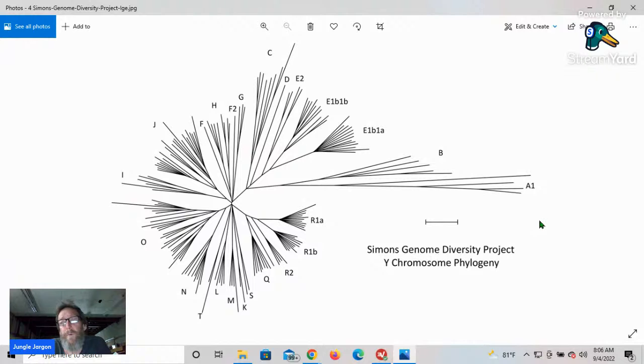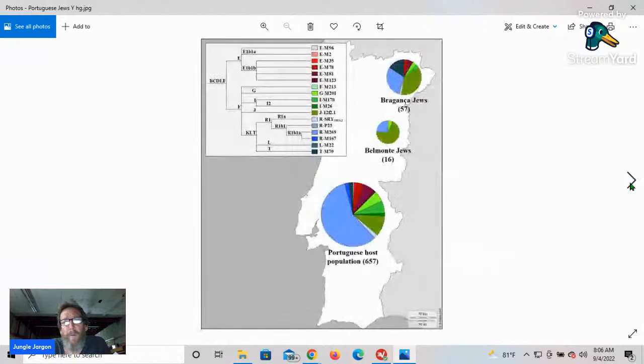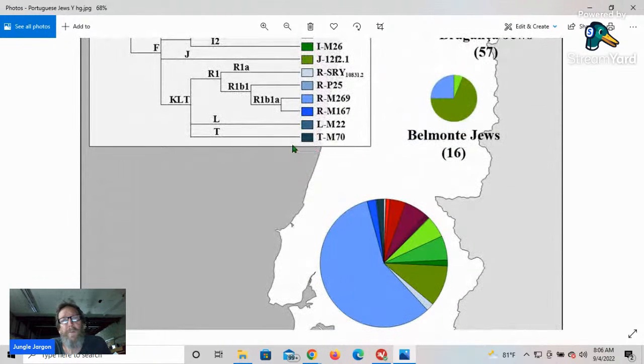And now I have to show the evidence of the Judaic Y chromosome. So in this chart, here's a T. There is a T in this population here.